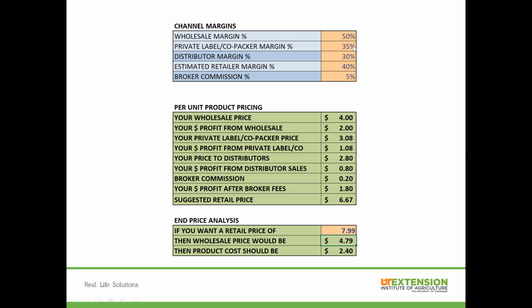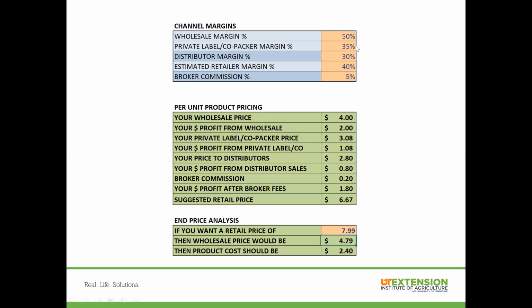And we could vary that private label or co-packer price as well. But in this case, we've said that we want 35% of whatever price we charge to our private labeler or co-packer. We want 35% of that final price to be ours, to be our profit.